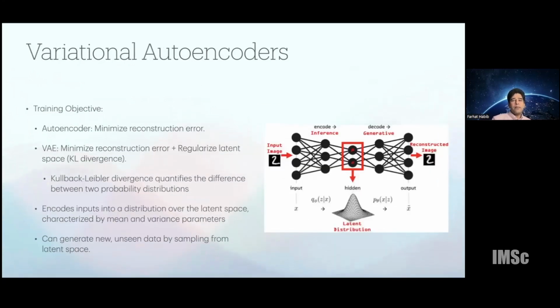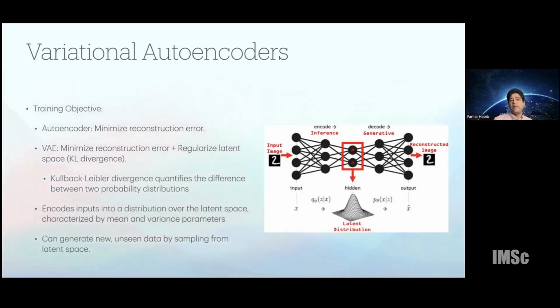Okay, so autoencoders can learn the hidden representation of a data set, but they're not very convenient because the representation that you learn from an autoencoder might be gappy and does not necessarily have a particular distribution.